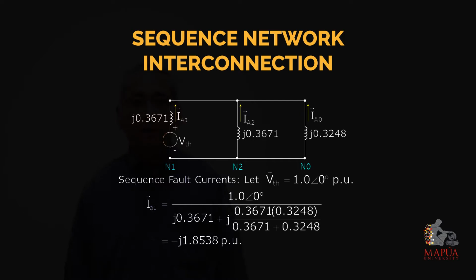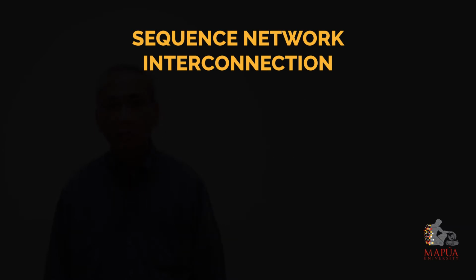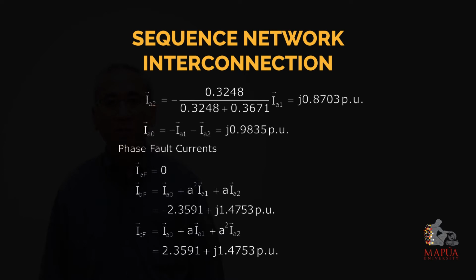By current divider, we can solve for IA2 to be equal to the negative of IA1 multiplied by 0.3248 divided by 0.3248 plus 0.3671. And that gives us j0.8703 per unit.